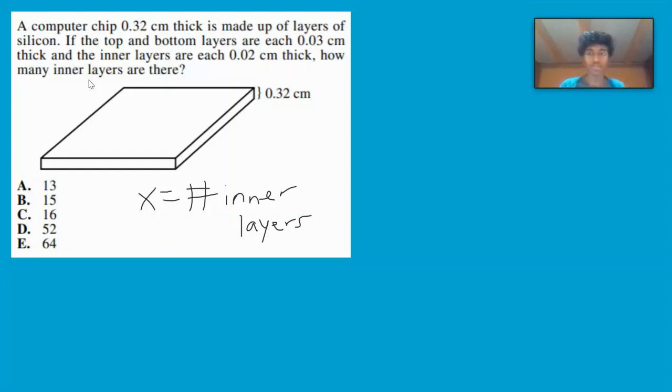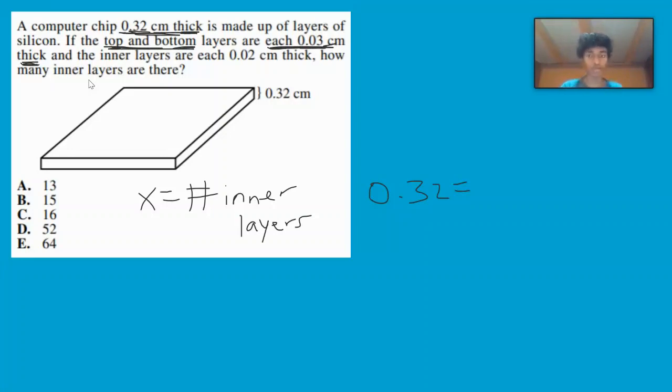So a computer chip is 0.32 centimeters thick, right? So this is the total thickness of the computer chip. So this total thickness of 0.32 is equal to what? Well, we know that the top and bottom layers are each 0.03 centimeters thick.